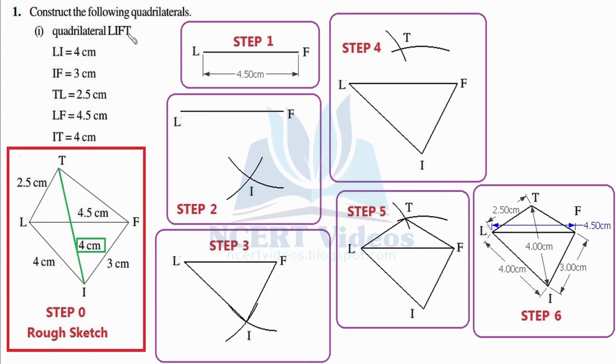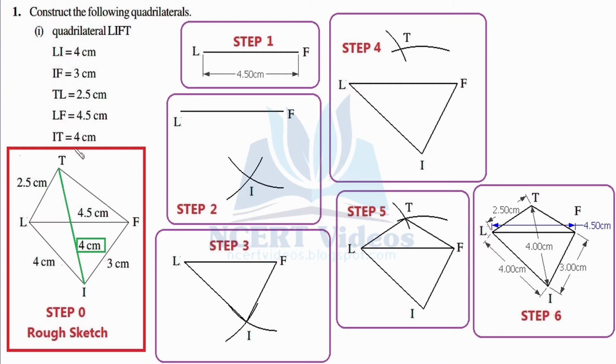Then we have TL, again continuous, therefore a side. LF: L is over here, F is over here, I is missing, therefore it is not continuous, so it must be one of the diagonals. At last we have IT, again not continuous because F is missing, so it must be another diagonal of this quadrilateral.